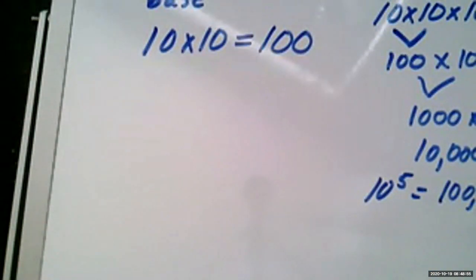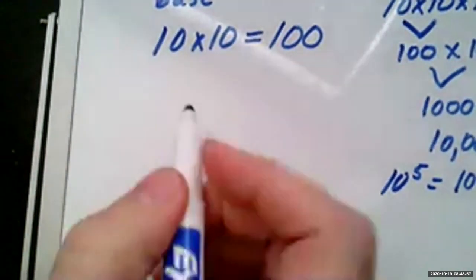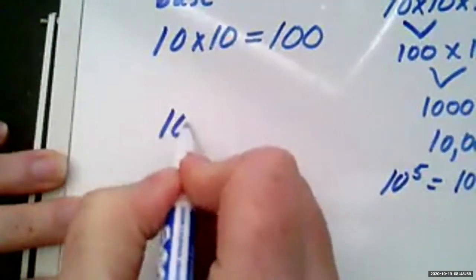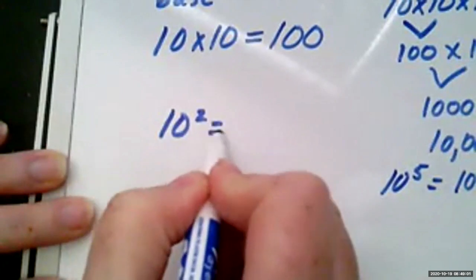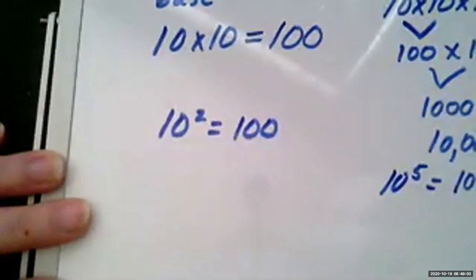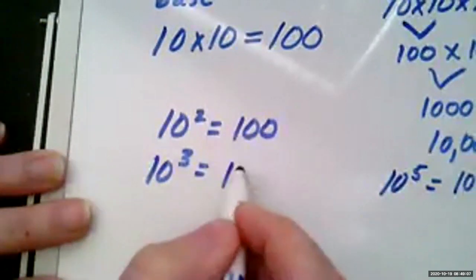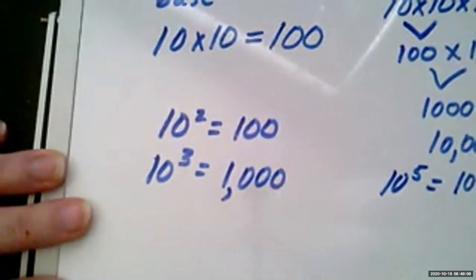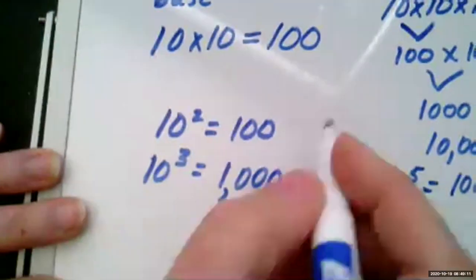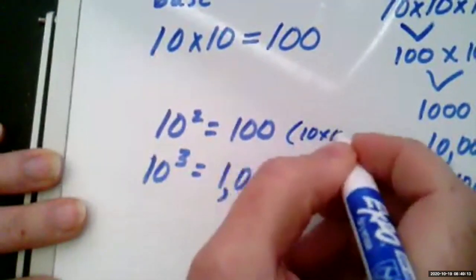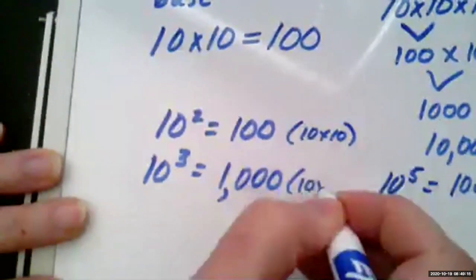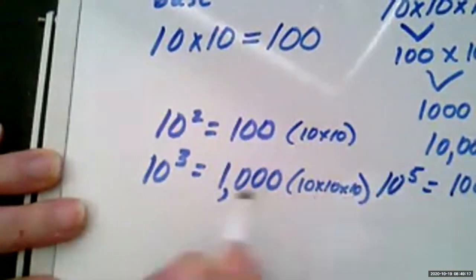There's a couple of rules that I want to show you about. So if you have 10 to the second power, that's 1 followed by 2 zeros. 10 to the third power, 1 followed by 3 zeros, okay? Because that's the same thing as 2 tens or 3 tens, okay?